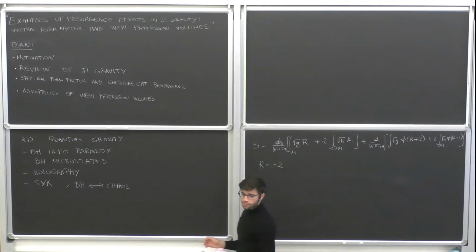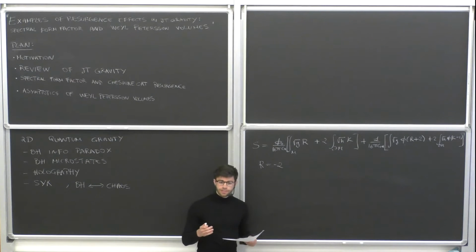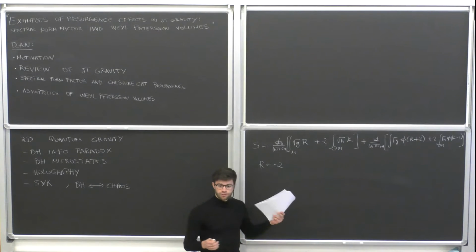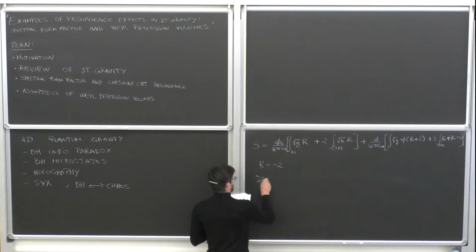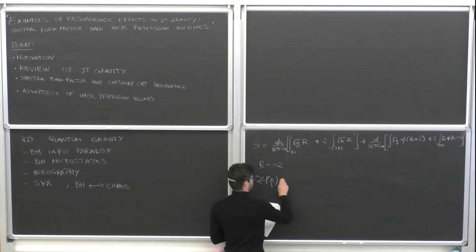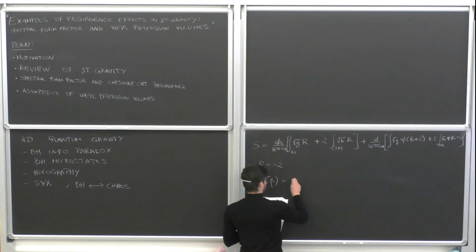First of all, at this level, without adding any further field in the theory, the functions that we could study are basically the partition function of the theory, for example. And so we could try to compute the Euclidean path integral of the theory and interpret it as the partition function. So how to do it?